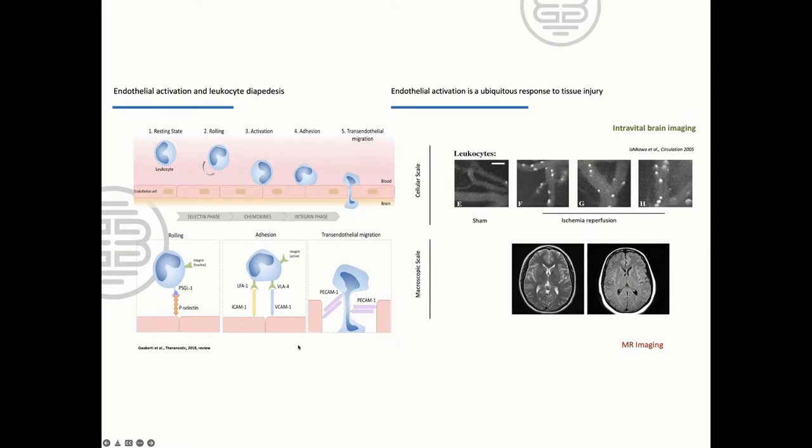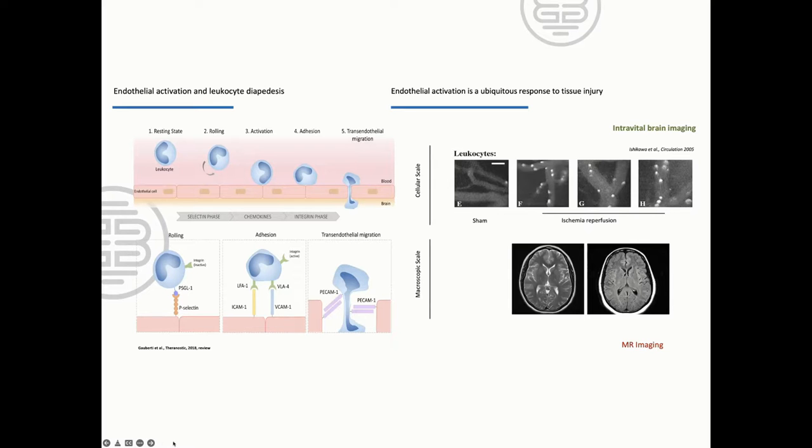And we know that this adhesion and transmigration is dependent on a set of molecules which are expressed at the surface of inflammatory cells, but which are also expressed at the surface of endothelial cells, molecules such as P-selectin, ICAM1, VCAM1, which are named adhesion molecules.